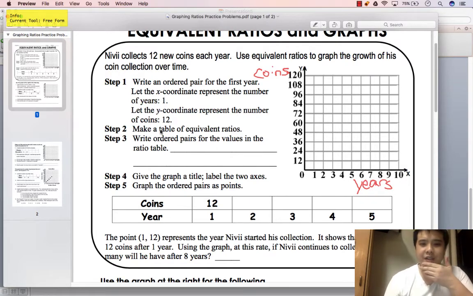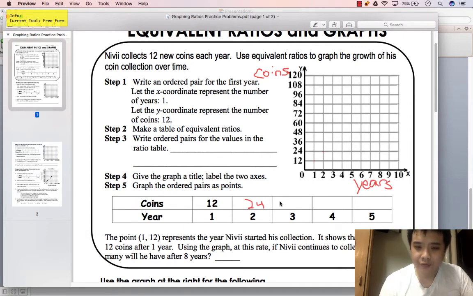The next thing it says is to make a table of equivalent ratios. So first off, the first point should be right here. Okay, 1 year, 12 coins. Next is to make the table. This should be 24. Because in the second year, he's going to have 24 coins. That's right here.